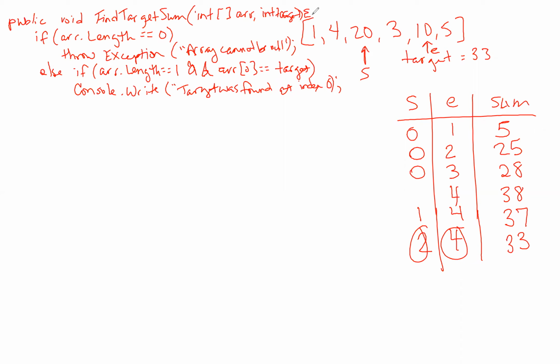Okay, and then otherwise we can go into our algorithm after we go through those base cases there. And so what we want to do first, we need some variables. So we need the start, and that starts at 0. We need an end, which equals 1, and we need a sum.